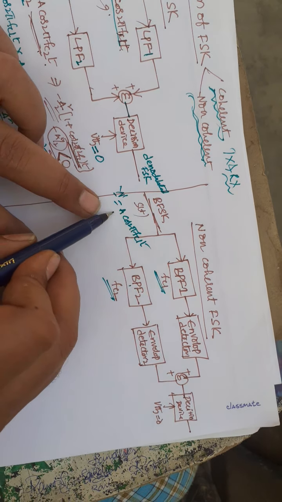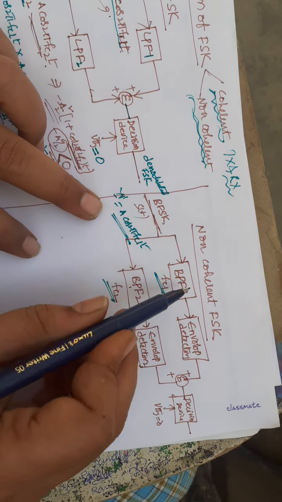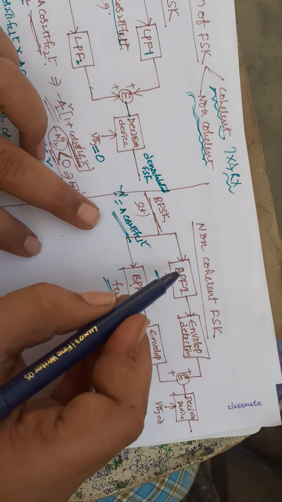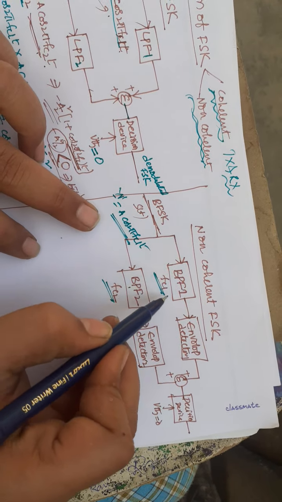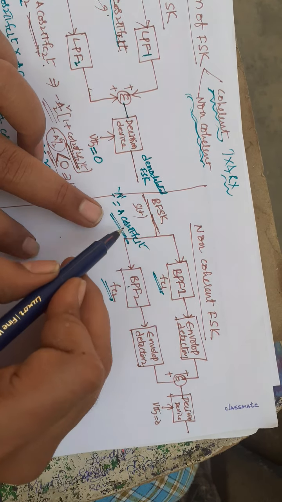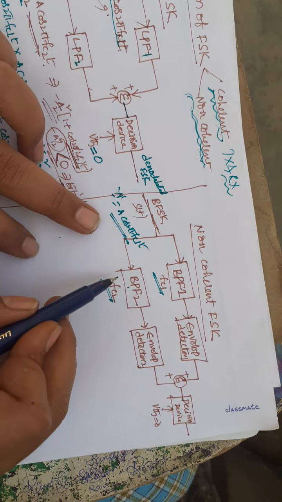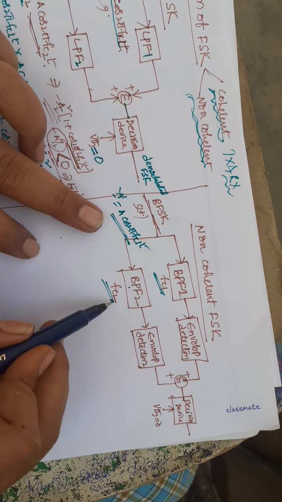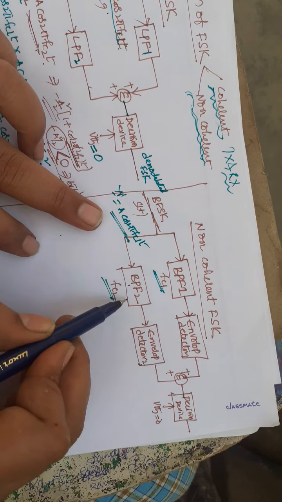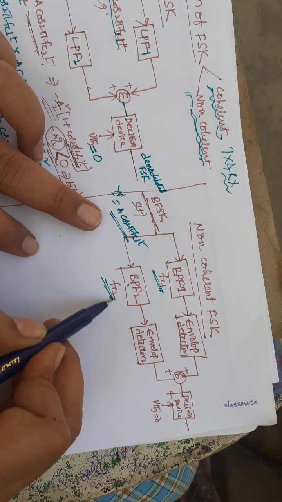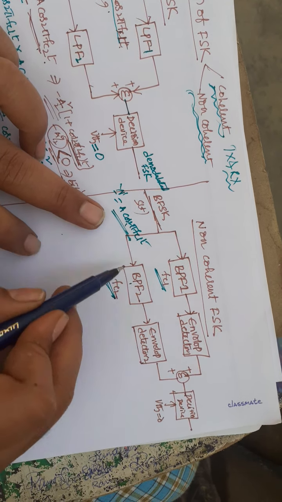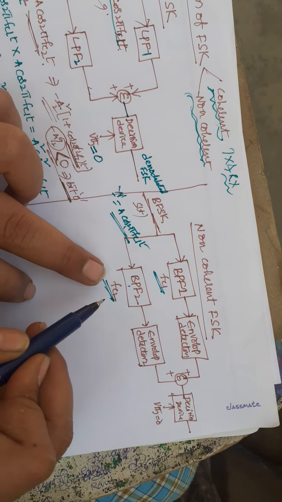If this modulated signal passes through band pass filter fc1, it is tuned to this signal, so it allows this signal. And when this signal passes through fc2, it is not tuned to fc2, so this signal is not allowed by this band pass filter.